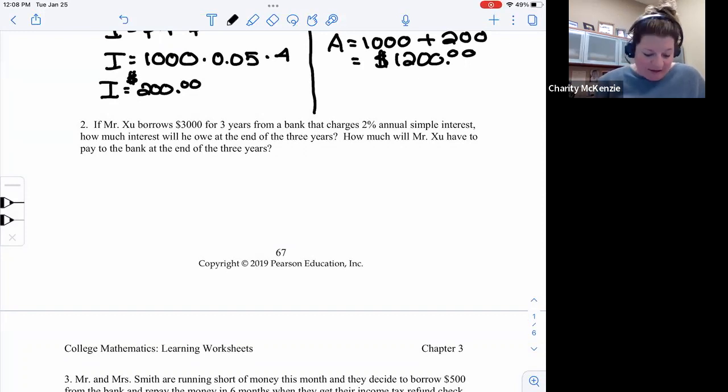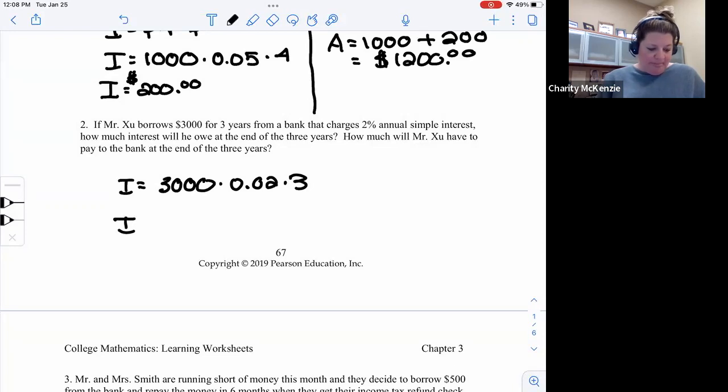Okay, so here's the answer for this one. It's very similar. Interest is going to equal $3,000 times our 2% times how many years? 3 years. So our interest is 180, I believe, 0.02 times 3,000.